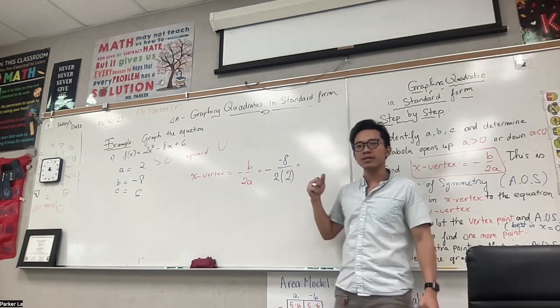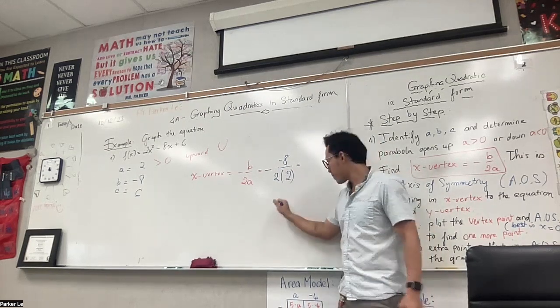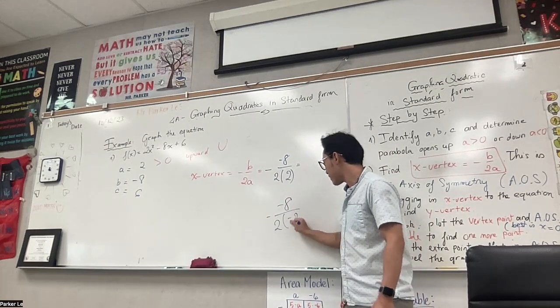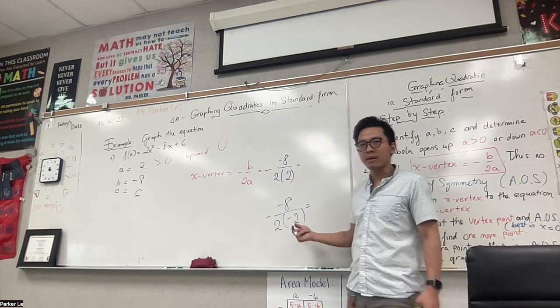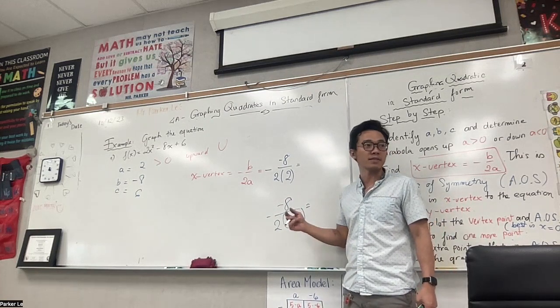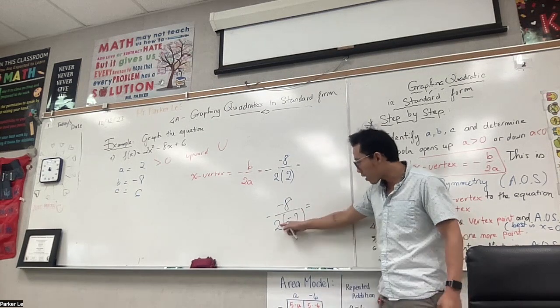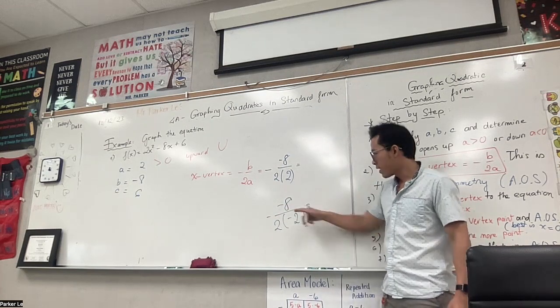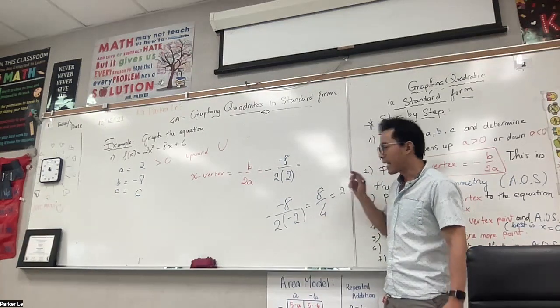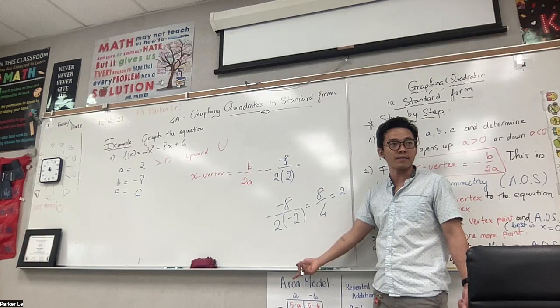Okay, I want to show you this. Maybe when you have something like this, it's very tempting to make a mistake. So let's work on the number first. Don't look at the negatives. 8 divided by 2 times 2, which is 4, so that's going to be 2. And then you work on the negatives.